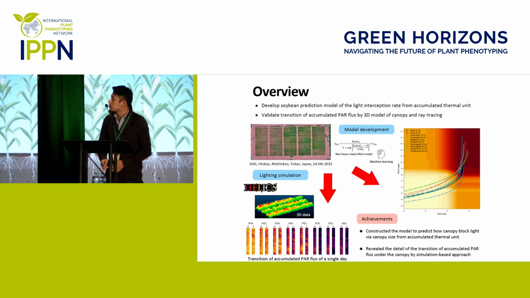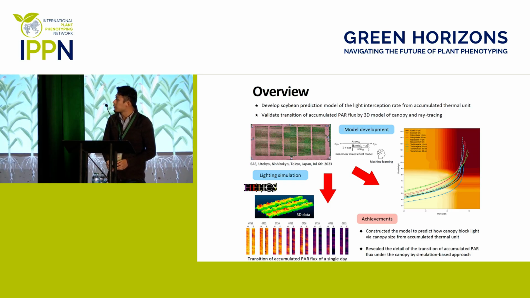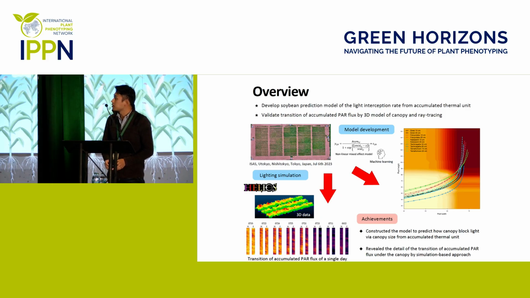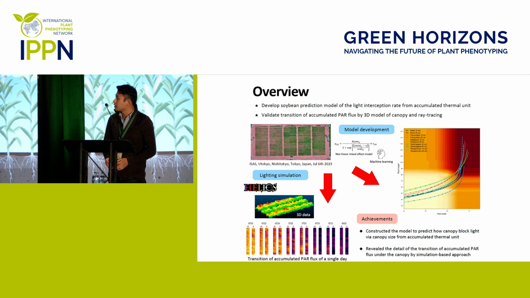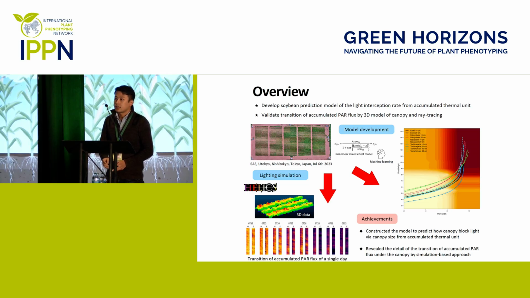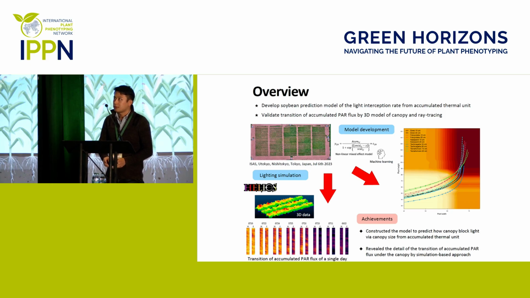First, we constructed a model to predict the light interception rate from the phenotype of the above ground trait via a growth prediction model from the accumulated summer unit, and then we validated the transition of the light accumulated, the parallax, using the 3D canopy data and a specific software named Helios.